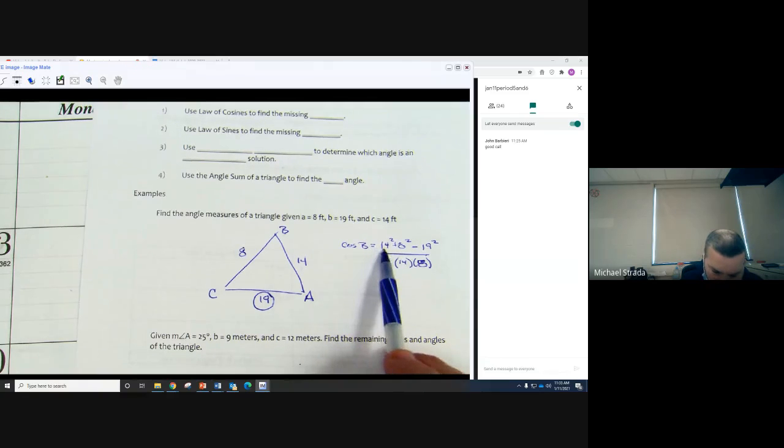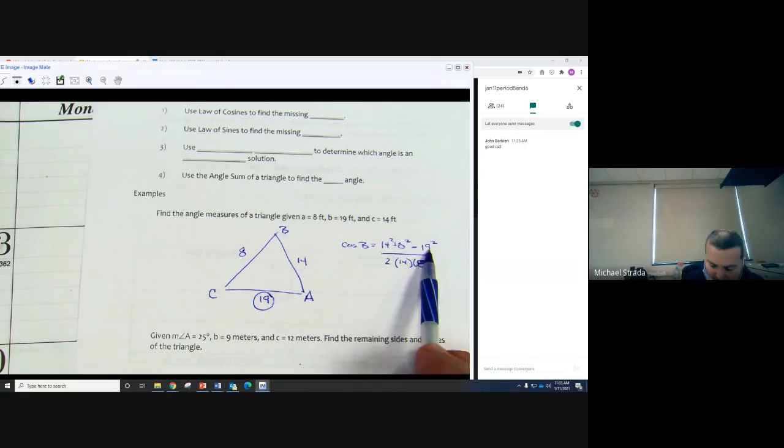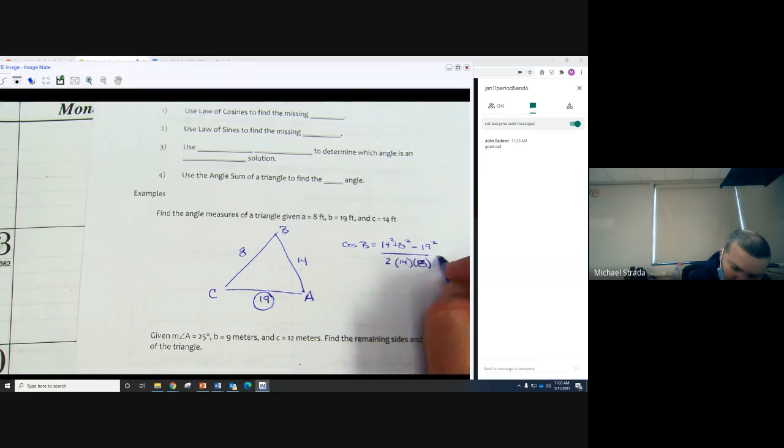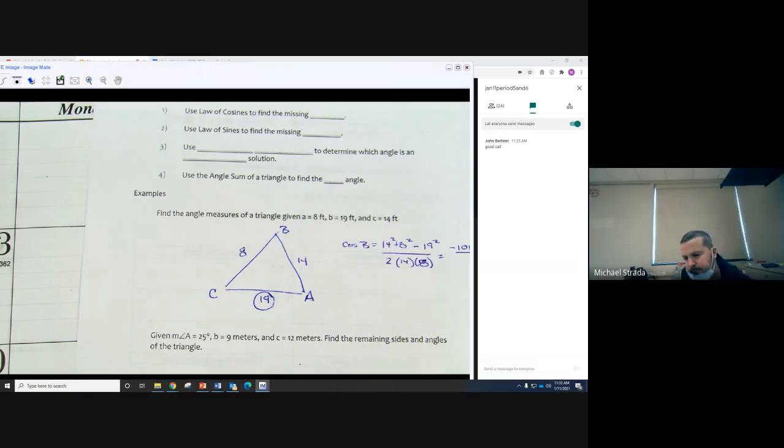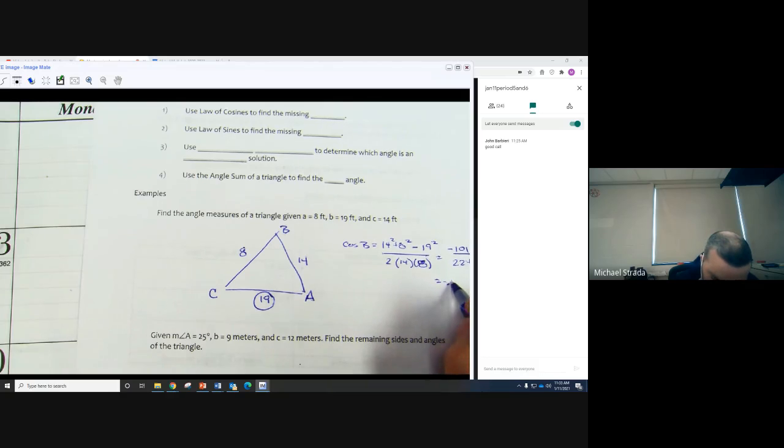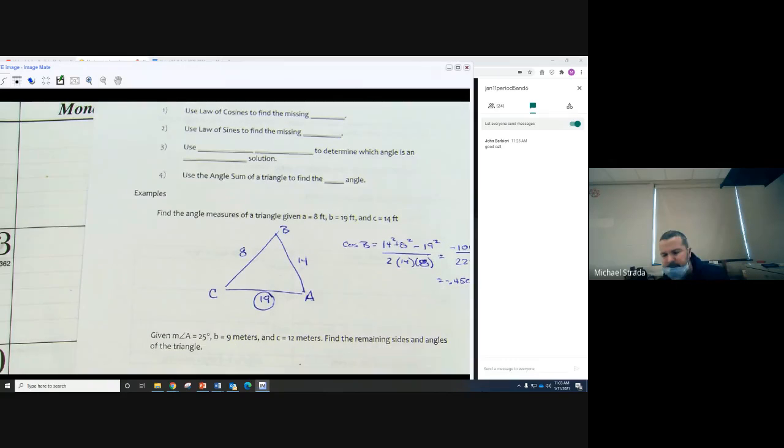14 squared is 196. 8 squared is 64. 19 squared is 361. 196 plus 64 is 260. 260 minus 361 is negative 101. 14 times 8 is 112. 112 times 2 is 224. I go to my calculator and I do negative 101 divided by 224. And I get negative 0.4509 when I round to 4 places.